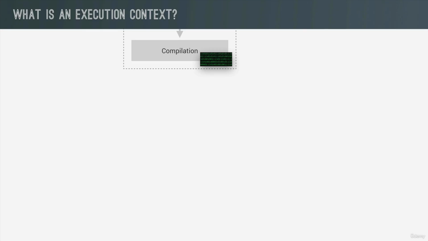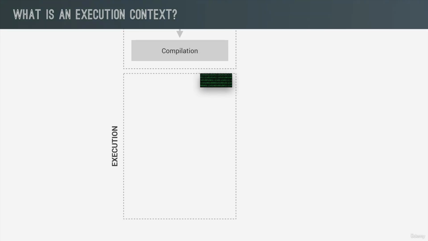So the code is now ready to be executed. What happens then is that a so-called global execution context is created for the top-level code. And top-level code is basically code that is not inside any function. So again, in the beginning, only the code that is outside of functions will be executed.